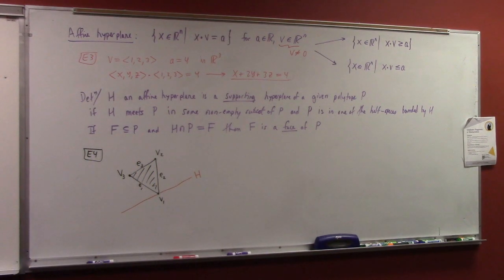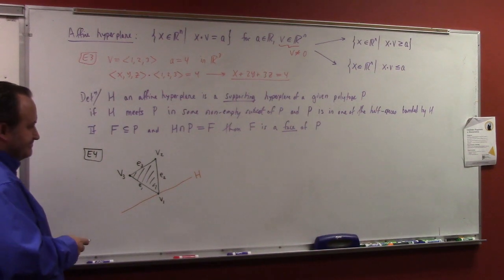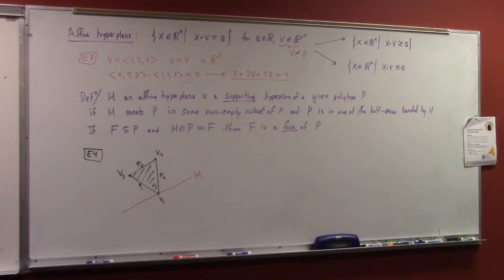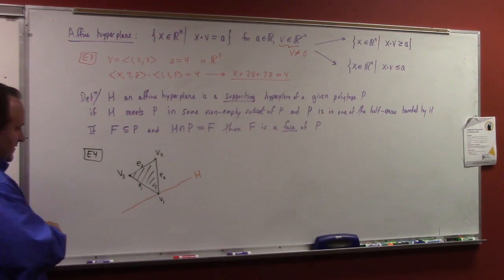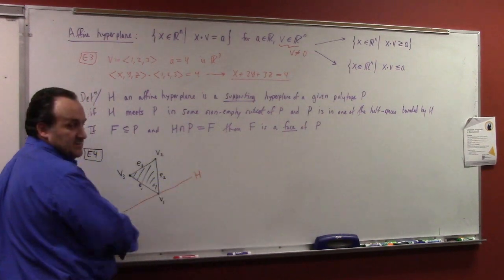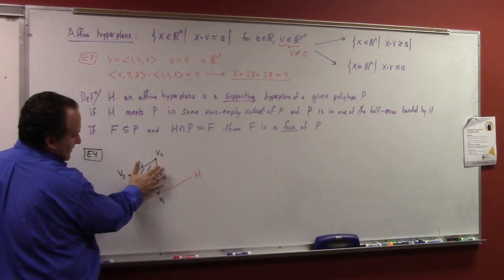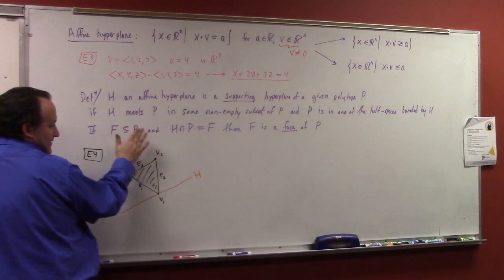So V's for the vertices, E's for the edges. All right, so V1 is a face of P. V1 is a face of P because it meets H, and all of P is in the half plane up here.